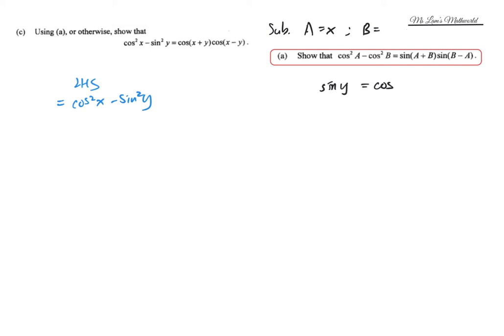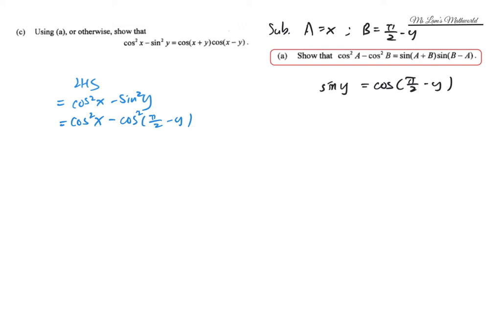So sine y is equal to cosine of pi over 2 minus y, right? That means 90 degrees minus y. And then cosine square x minus cosine, of course with square, pi over 2 minus y. So this time it means that we are going to substitute B to be pi over 2 minus y.